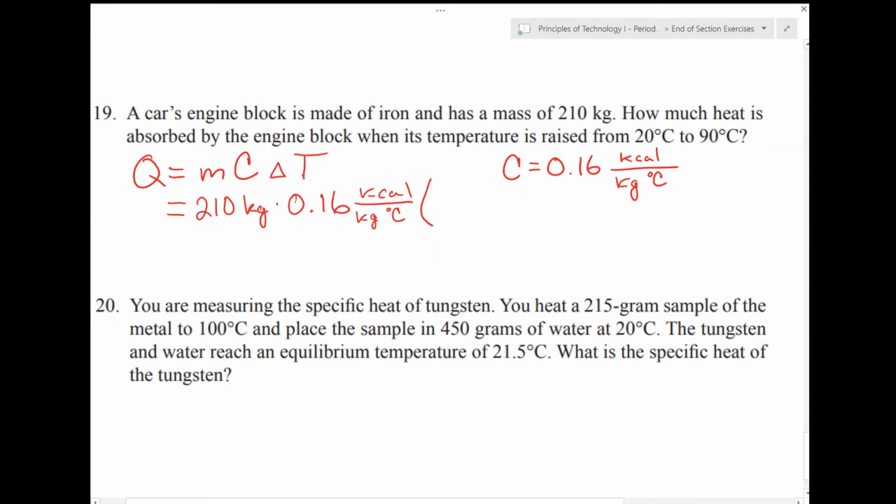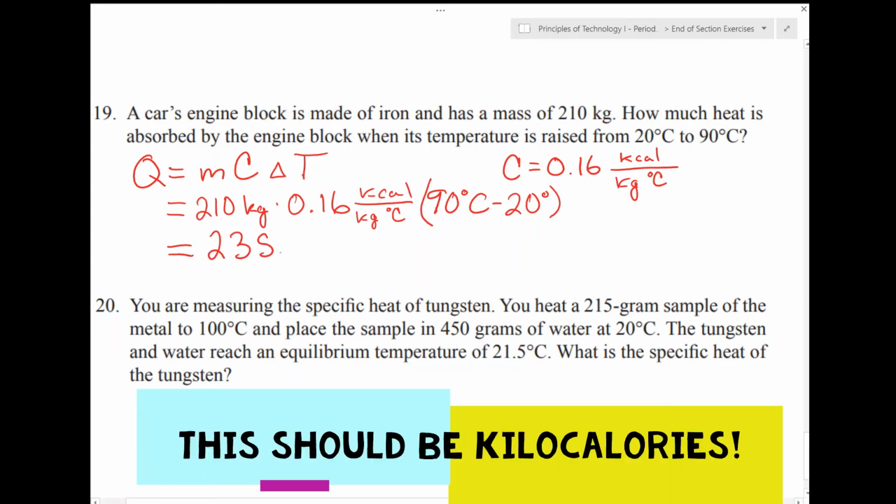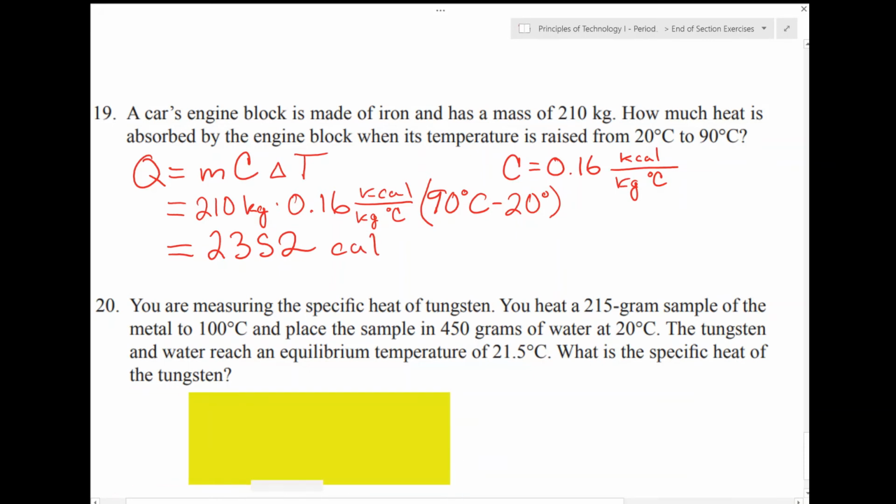And the change in temperature is the final temperature, 90 degrees Celsius, minus the initial temperature of 20 degrees Celsius. Typing these into your calculator and getting an answer gives you 2,352 calories of heat.